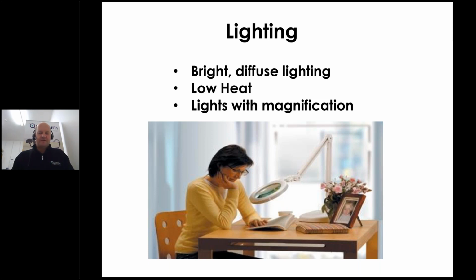So people can always see better outside in natural light. We don't want spotlights. We don't want really hot lights that burn things. We just want a diffuse lighting that doesn't change the color of what you're trying to look at. So we also don't want funny colors like red lights or blue lights or anything, just as close to natural light as possible.